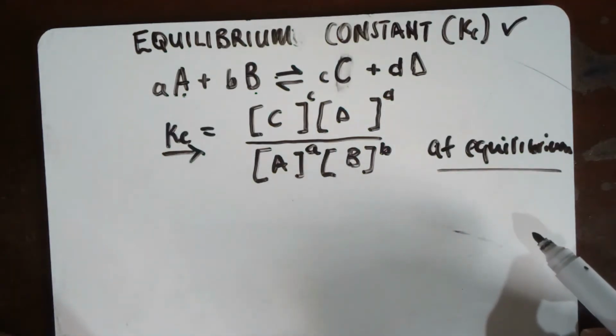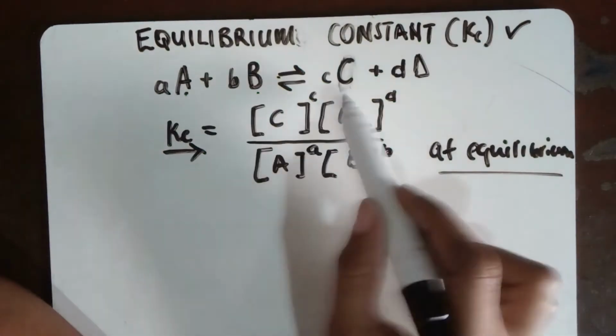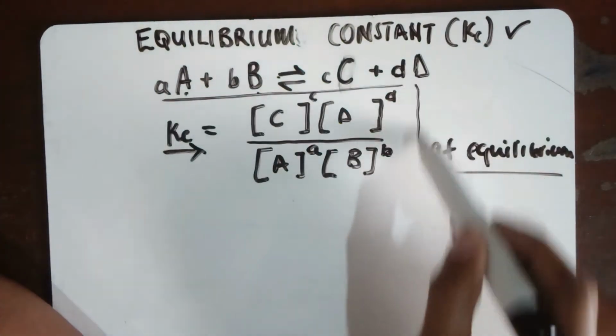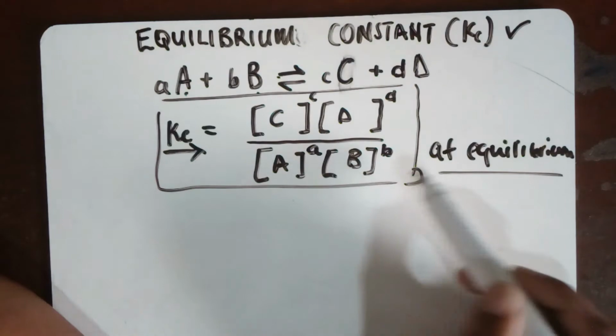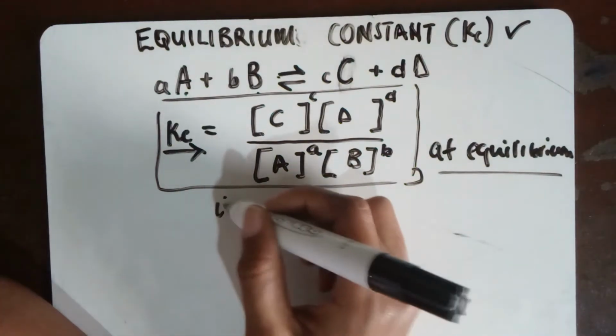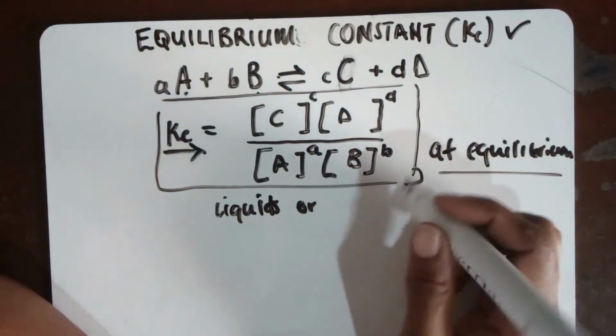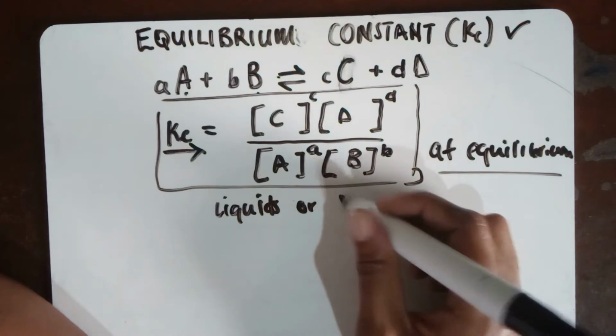Cool, right? An important thing that I want you to know is that when we write this expression for any reaction, we leave out reactants or products that are either liquids or solids, and you'll see shortly when we take an example.